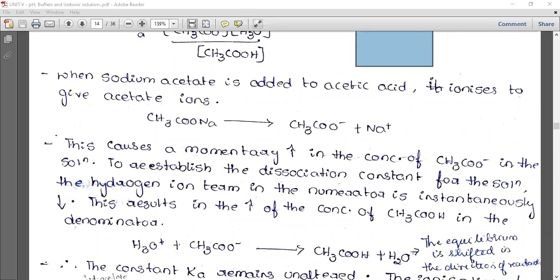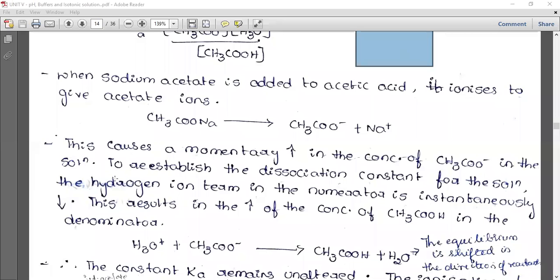So we know that acetic acid concentration increases in the solution now. Again, acetic acid is a weak acid, so it slowly starts dissociating. Okay, so now what happens? Whatever momentary change was there between the constant Ka, that is the dissociation constant, and the numerator gets stabilized.